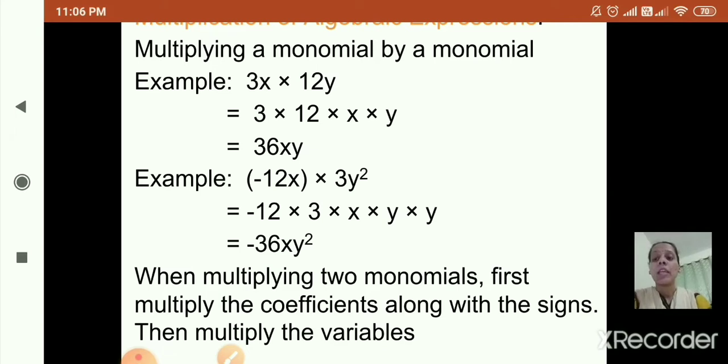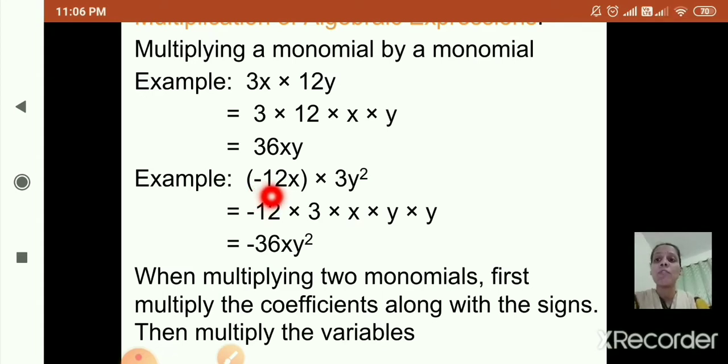Now in this second example, minus 12x multiplied by 3y square, which are the coefficients and which are the variables? Minus 12 is the coefficient and 3 is the coefficient, right? Do not write only 12. While writing the coefficient, write it with its sign.